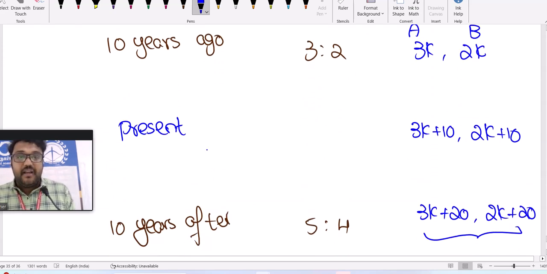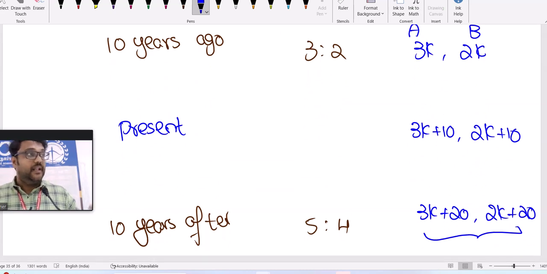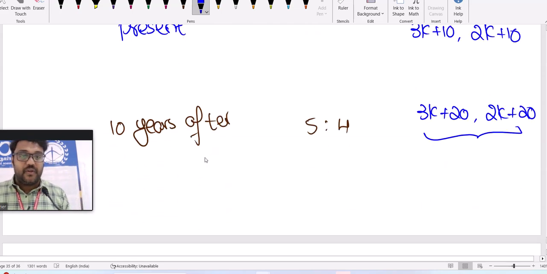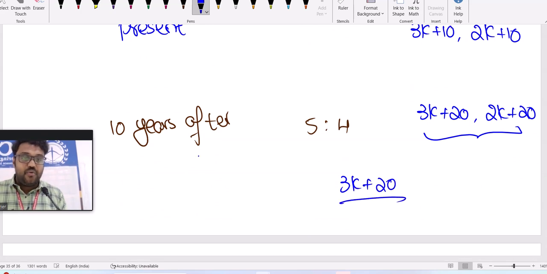5K, 4K, 5K minus 10, 4K minus 10, 5K minus 20, 4K minus 20. We can go reverse, or you can start from there and come front. And these two are in the ratio 5 is to 4 now. 3K plus 20, 2K plus 20 is 5 is to 4. You substitute: 3K plus 20 divided by 2K plus 20 is equal to 5 divided by 4.